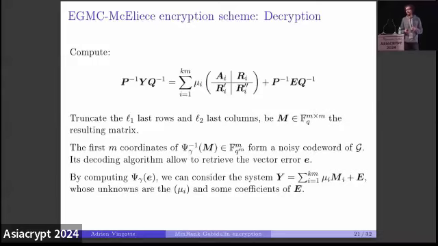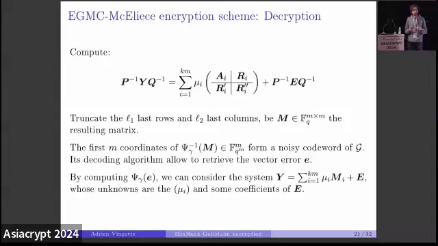So how do we decrypt? Firstly, we multiply on the right and left by the inverses of P and Q. So we retrieve a linear combination of non-scrambled matrices plus an error, to which we applied the inverses of P and Q. But as I previously said, P and Q are invertible matrices, so the multiplication on the right and left does not change the rank of the error E, because multiplications by invertible matrices are isometries in the rank metric.